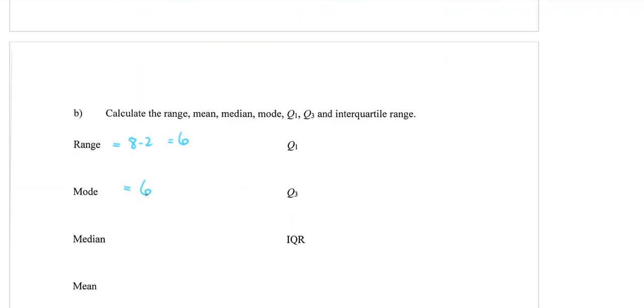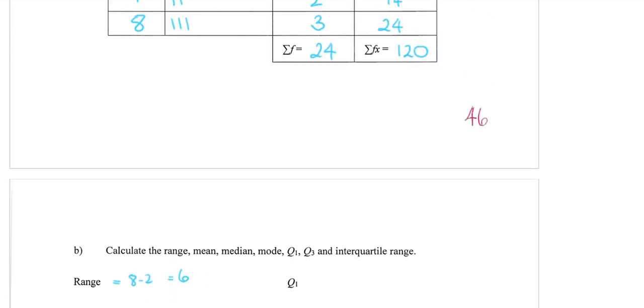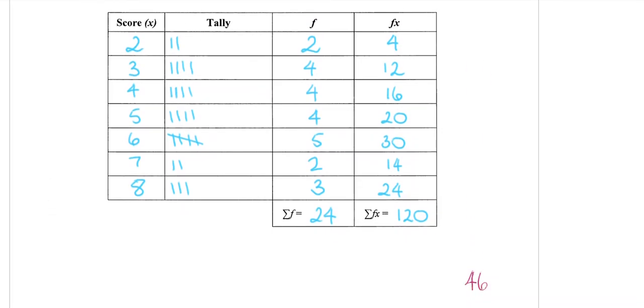Median. Now, if we're doing the median from a table, I taught you a little formula that was the position is n plus 1 over 2. N being the number of scores that you have in here, which for this one is 24. We've got 24 numbers in this table.